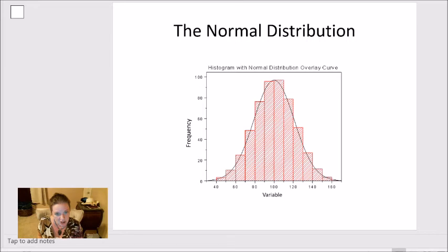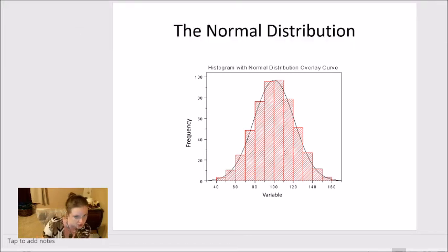So many psychological variables as well as physical variables are normally distributed, where there's one center score that is super common, and as you get really, really extreme above it, people become less likely, and as you get really, really extreme below it, people become less likely. So let's use the example of IQ.